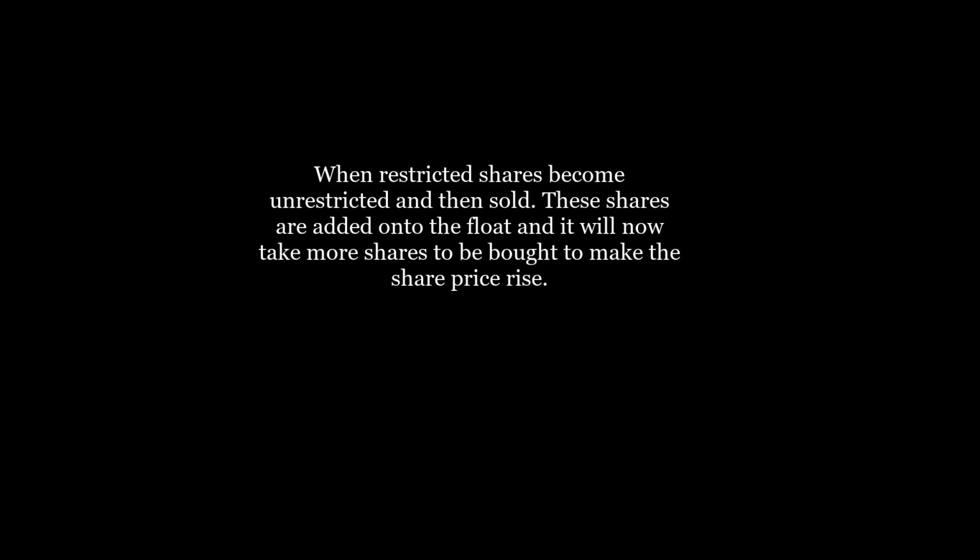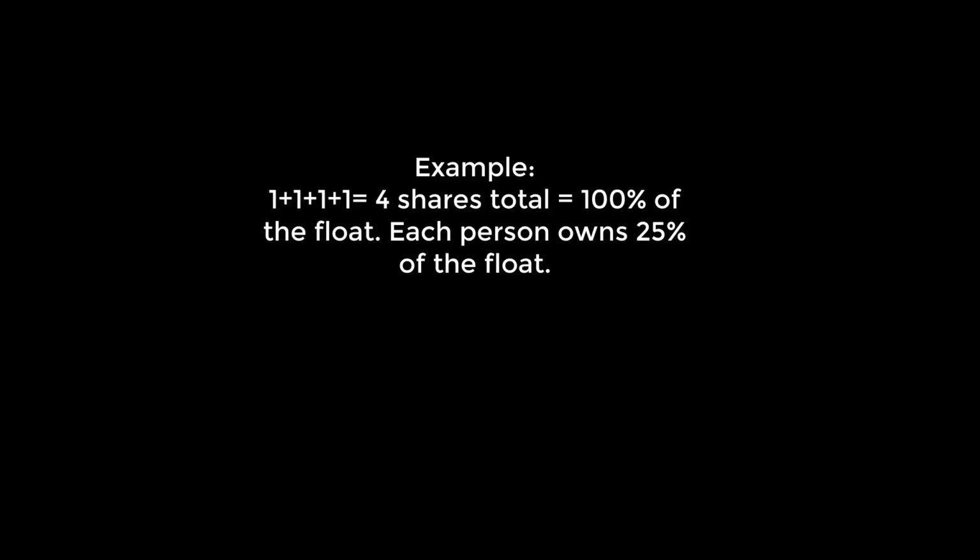So just for some simple math to make it easier to understand, let's say you and 3 of your friends, so total 4 of you each have 1 share of the company, and we'll just say that's the whole float.